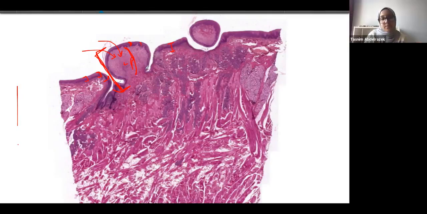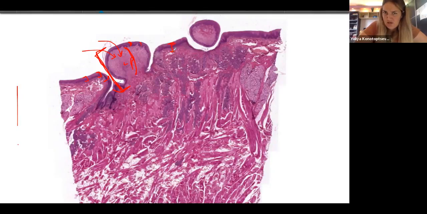I know it looks very weird, but the entire circumvallate papilla is a protrusion of specialized mucosa. That means that on the surface of it, epithelium, and in the core of it, lamina propria.